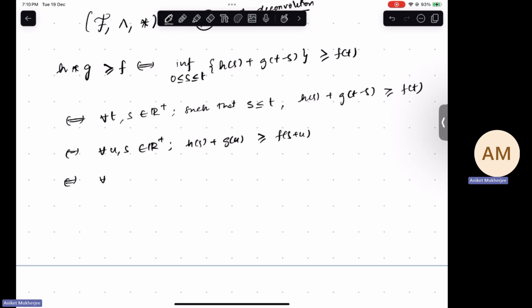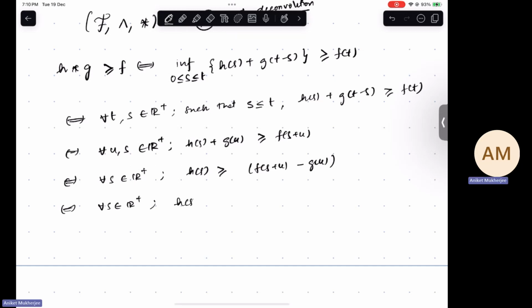From here we'll have, for all S belonging to R plus, H(S) is greater than or equal to F(S plus U) minus G(U). Since this is true for all U, it should be true for the supremum over U greater than 0 of F(S plus U) minus G(U).